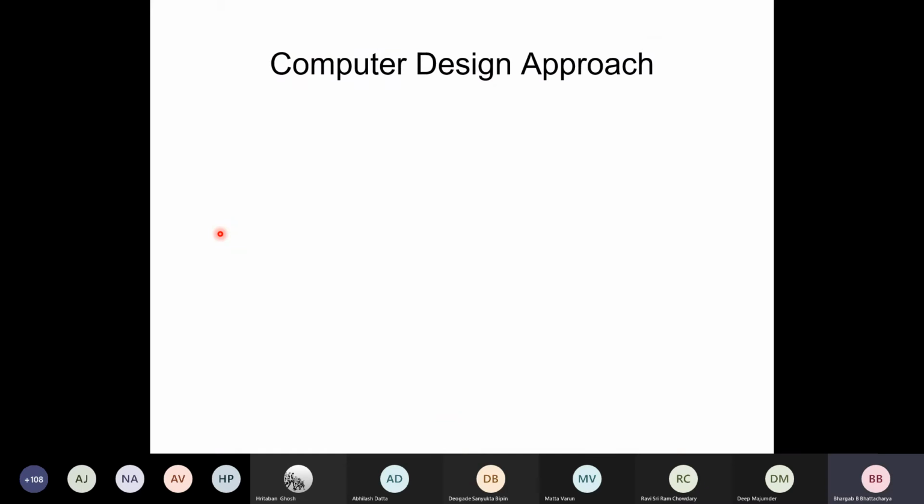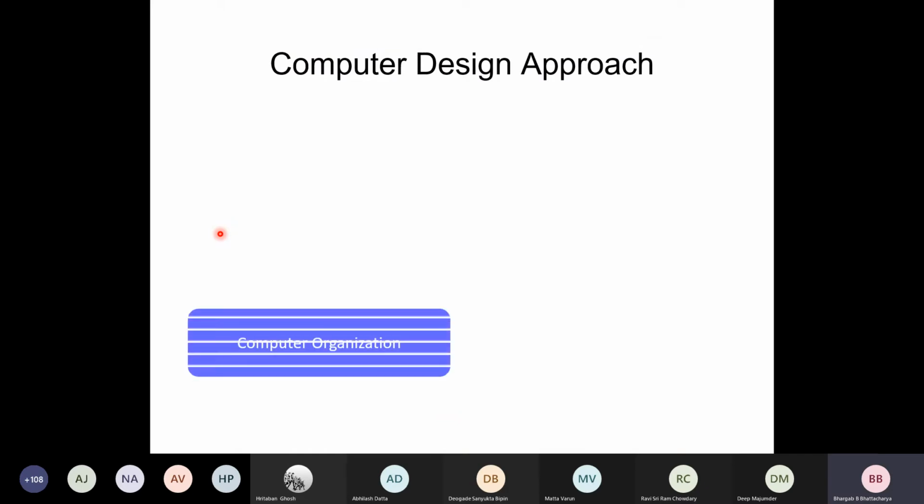Now let us talk about this computer design approach. One possibility is that you build the hardware first. That means you start with computer organization. So maybe you start with an adder, then you design a multiplier, and then you design some flip-flops and some registers. Keep on interconnecting them one after another, starting from a small machine, and keep on building bigger and bigger machines.